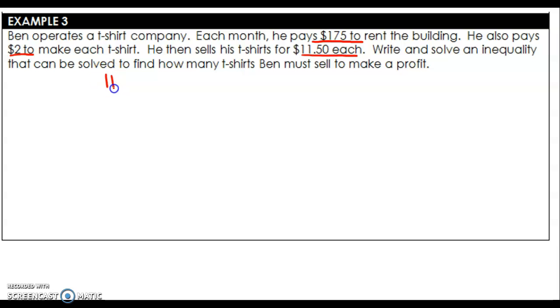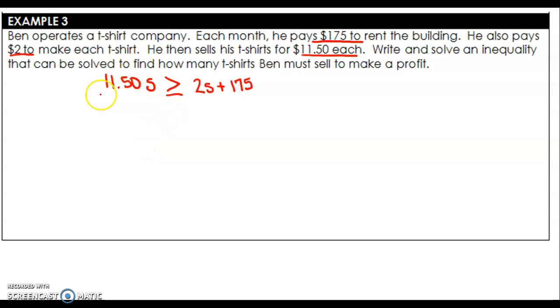So if he's selling $11.50 per shirt, I'm going to say S here, that has to be greater than or equal to his out-of-pocket cost, which is $2 per shirt, plus that $175 he rents the building for.